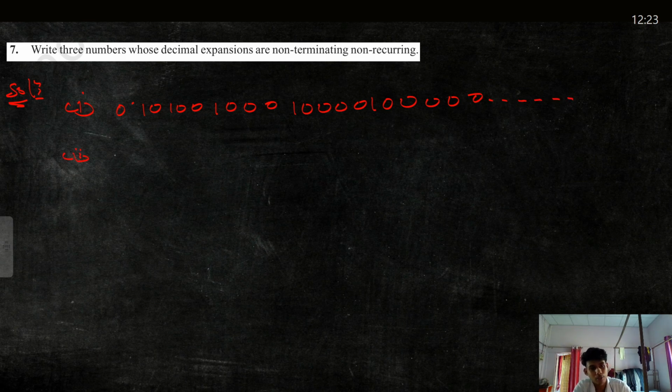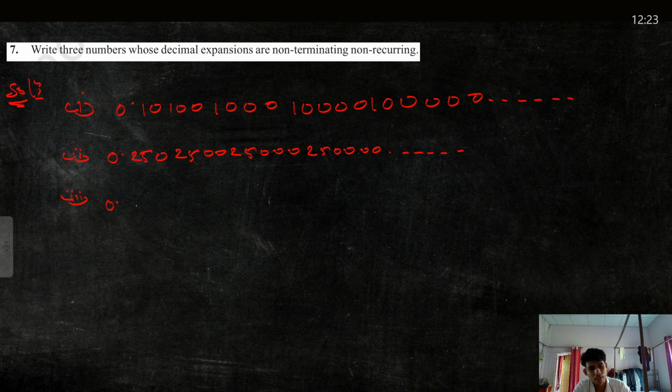The second example we can write as 250, 2500, 25000, 250000, and it would continue till infinity.